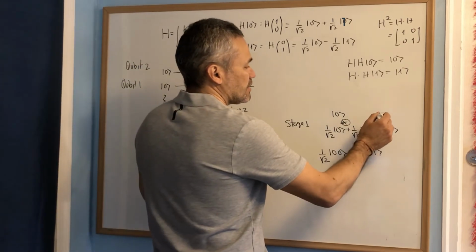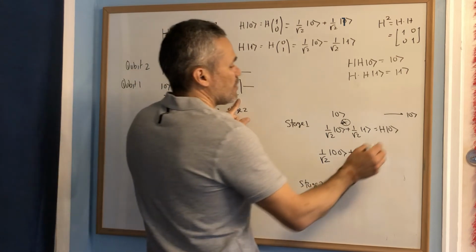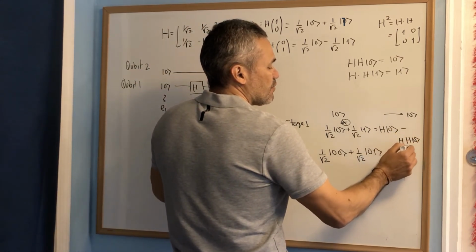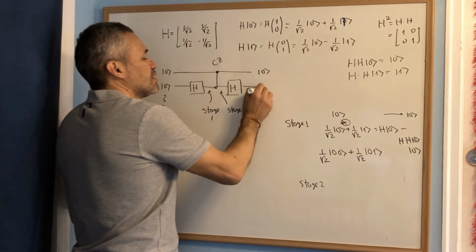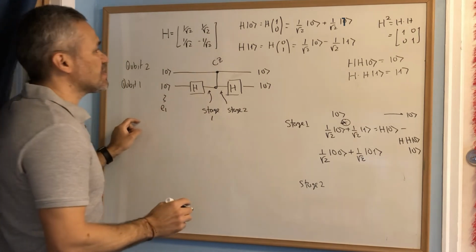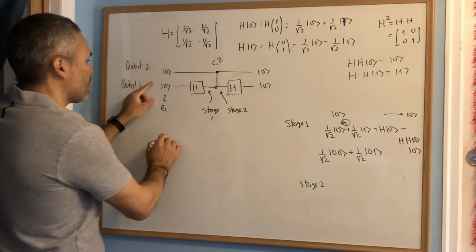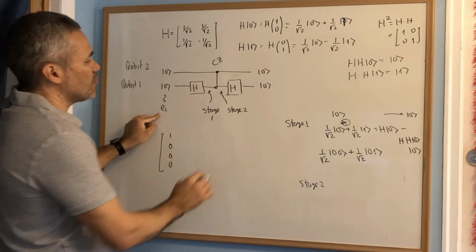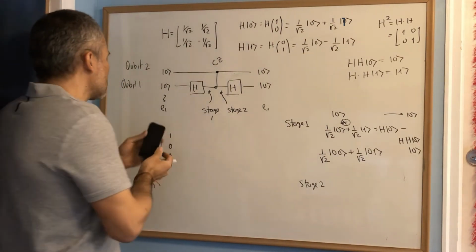This one will go to state 0, and this one will go to H of 0, which is just 0. That means that here we get 0, 0, and that means that the first column of our 4x4 matrix is just 1, 0, 0, 0. E1 goes back to E1. Let's see the action on E2.